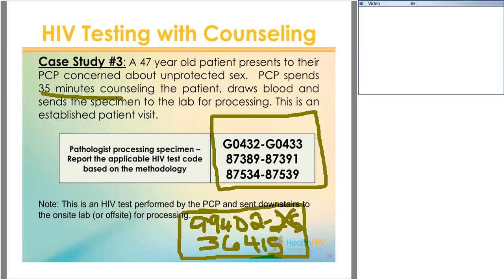So you have to check with your state Medicaid agency to find out what their specific coding requirements are. Some states require Modifier 25, some states don't. But this slide here is specifically targeted to the facilities that have a lab on site, and these would be the codes that the lab would report, not the provider.